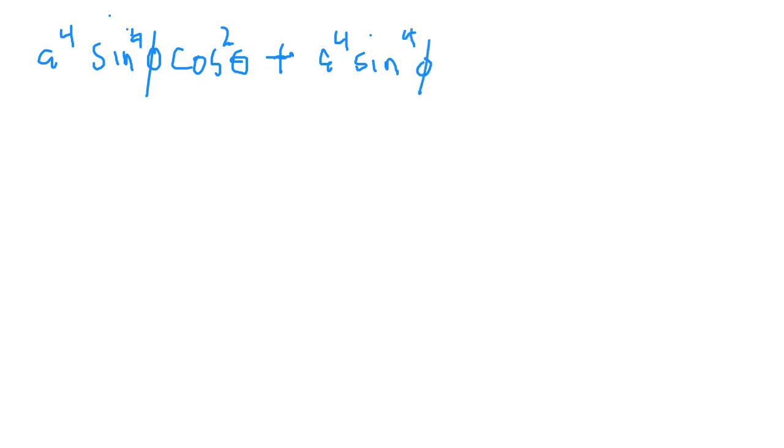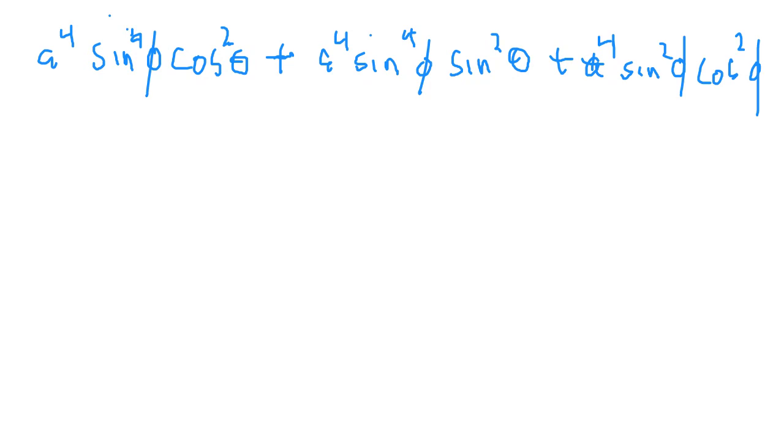So they have a to the fourth times sine to the fourth power of phi cosine squared theta, plus a to the fourth sine to the fourth power of phi times sine squared theta, plus a to the fourth times sine squared of phi cosine squared of phi, right?